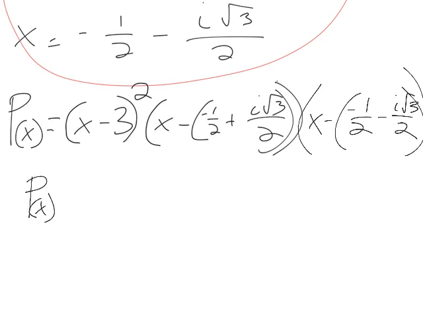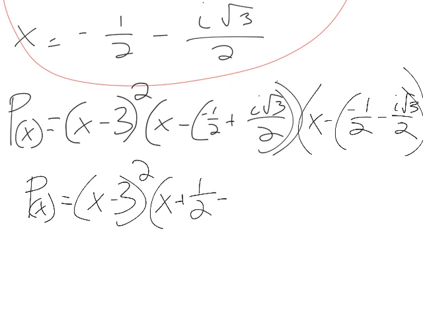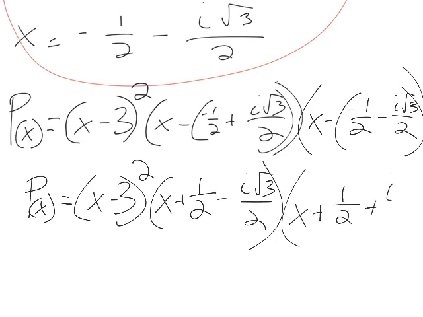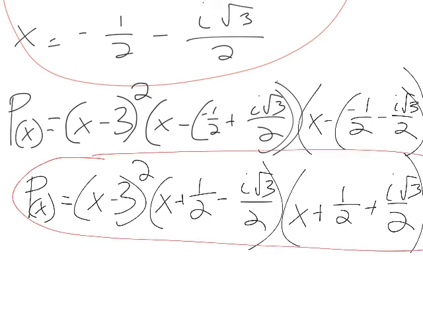P of x is equal to x minus 3 squared times x plus 1/2 minus i times the square root of 3 over 2, and x plus 1/2 plus i times the square root of 3 over 2. Okay, and that's our setup. That is the solution to this problem, because we are asked to write the polynomial as the product of its linear factors.